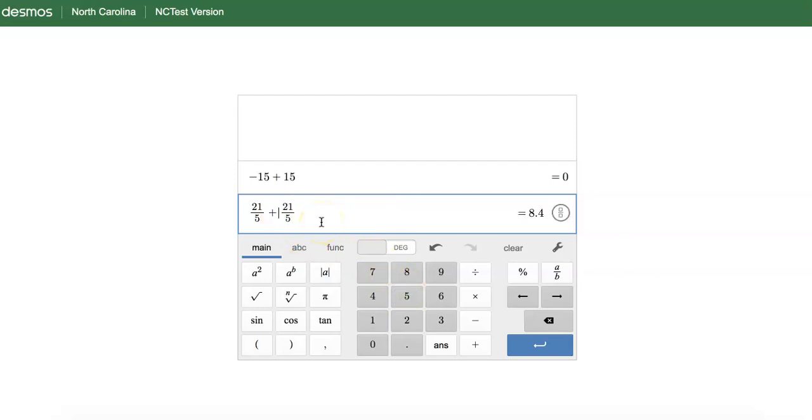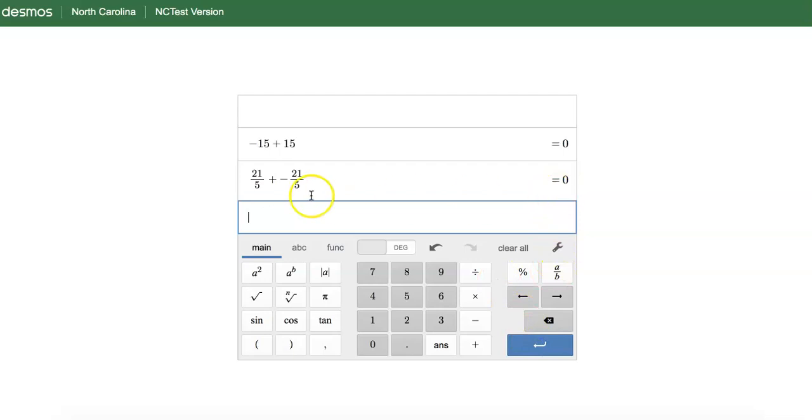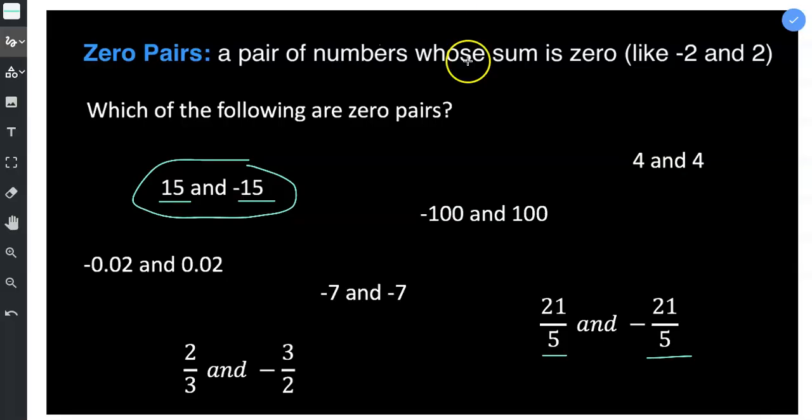Oh, and I need to use my arrow to move it over on my keyboard pad, and then make that negative, and then that equals 0. So if they're the same number but one is negative and one is positive, you're going to get 0. So that's a zero pair as well.